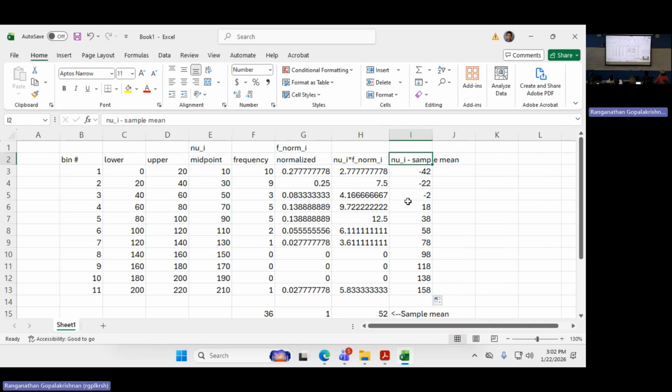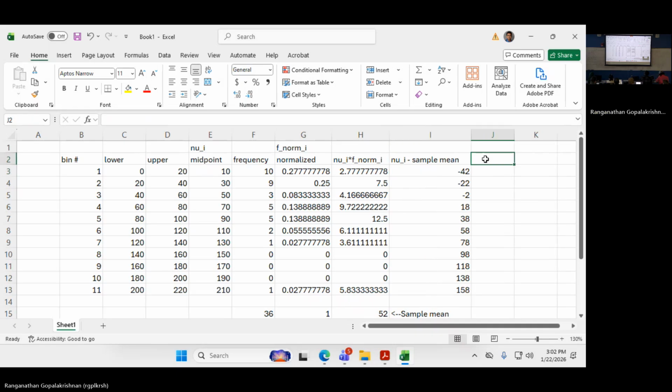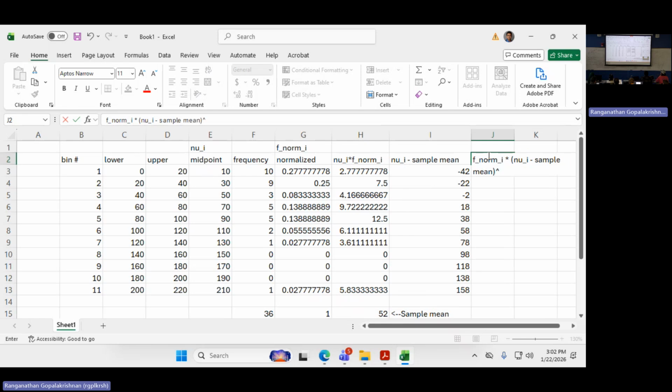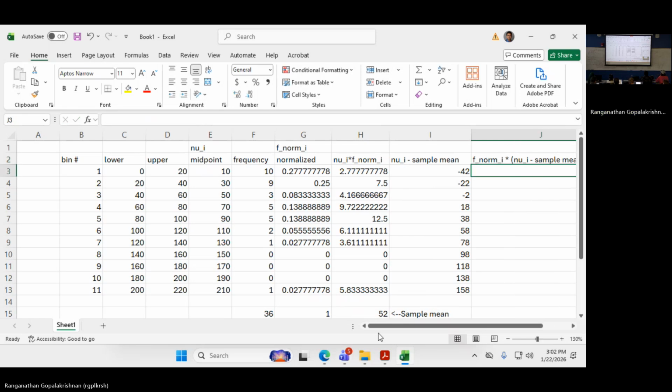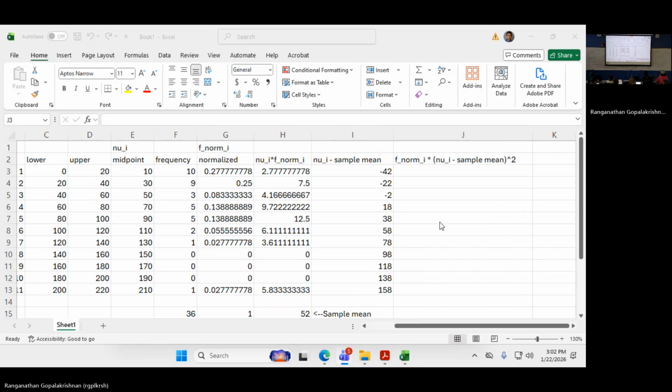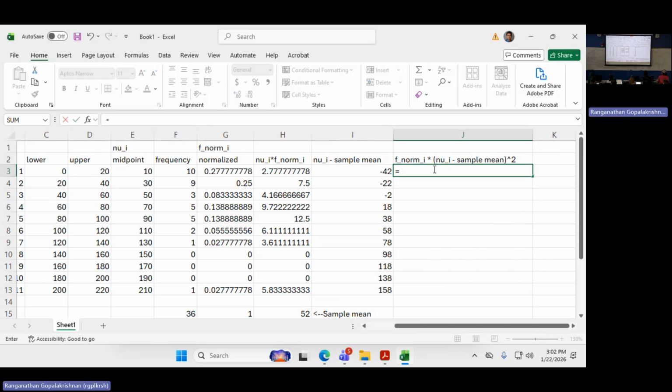So then we need f norm i multiplied by nu i minus sample mean, the whole square. What is this? If you look at the column numbers, can you guide me what formula should I punch in? It'll be which column? G3 multiplied by I3 squared, right?